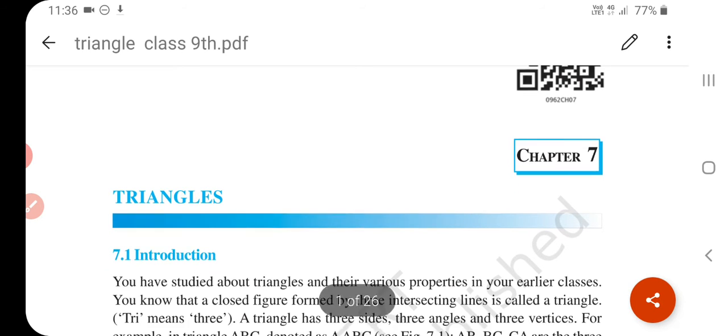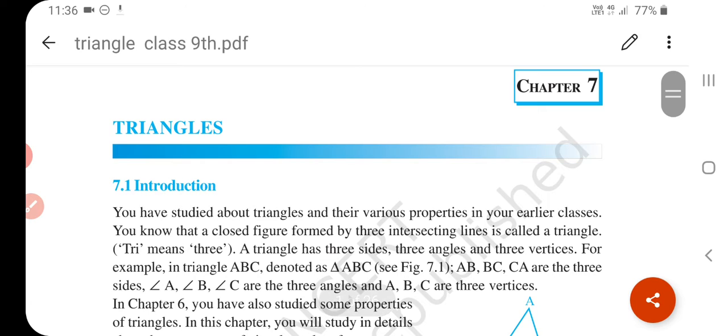If we classify triangles according to the measure of their angles, again there are three types. An acute angle triangle has all three angles less than 90 degrees. An obtuse angle triangle has one angle greater than 90 and less than 180. A right angle triangle has one angle equal to 90 degrees.